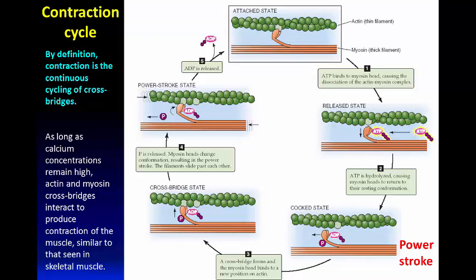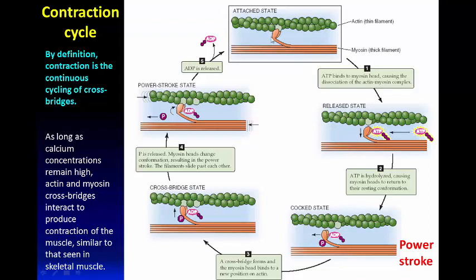Now, these heads of the myosin molecule need to be detached from the actin molecule so that they can bind to another actin molecule, and the contraction cycle is repeated.